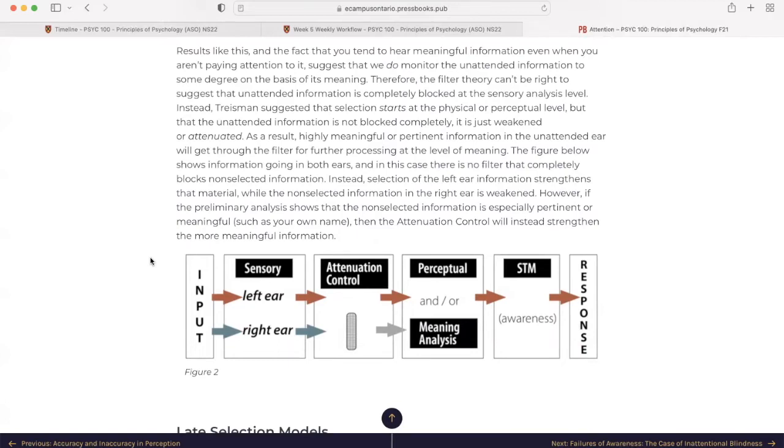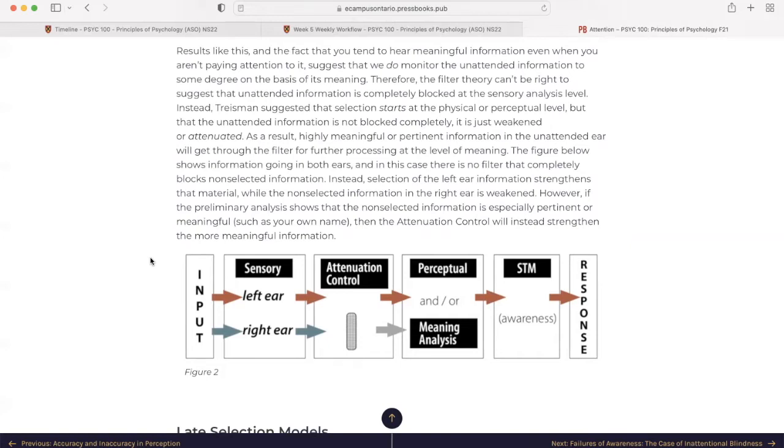Instead, Treisman suggested that selection starts at the physical or perceptual level, but that the unattended information is not blocked completely. It is just weakened, or attenuated. As a result, highly meaningful or pertinent information in the unattended ear will get through the filter for further processing at the level of meaning.